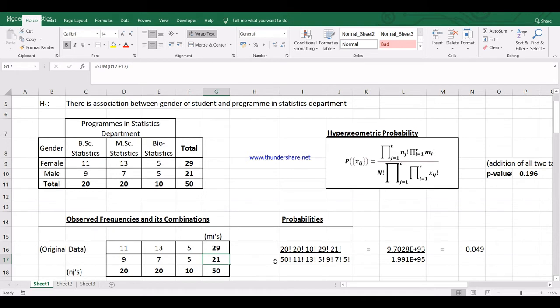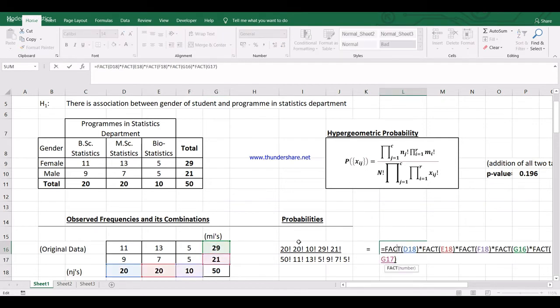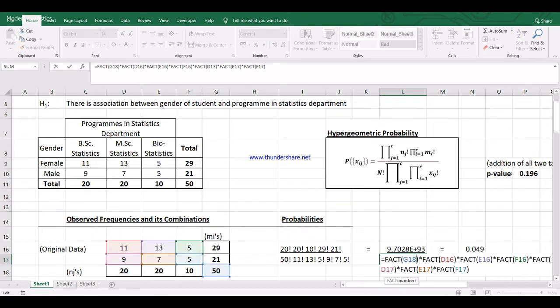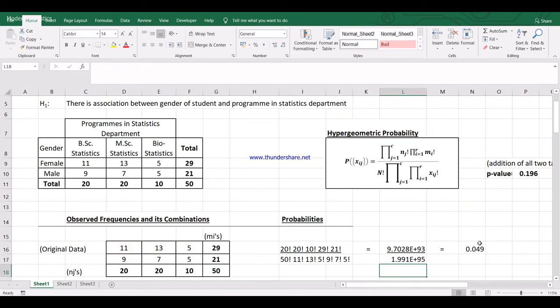So let us put these values of the observed data into this formula. So the denominator of these values divide by the factorial of all these values, and after dividing we will get this value.